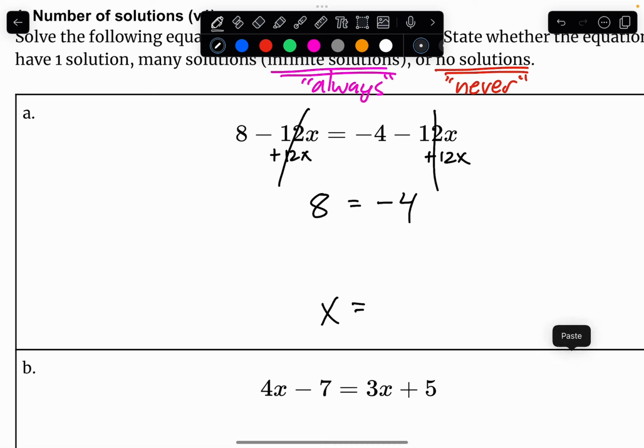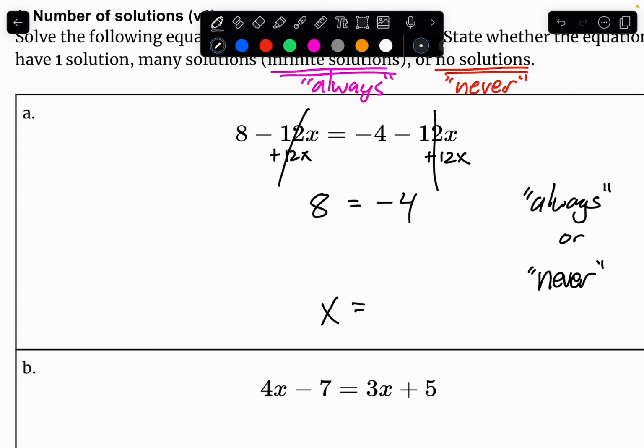Does 8 always or never equal negative 4? Is this statement true always, or is it never? Never, so I'm going to put a not equal sign, and I'm going to say no solution.